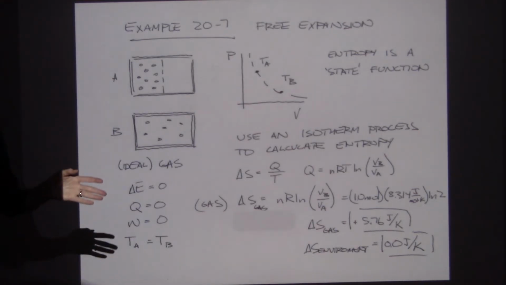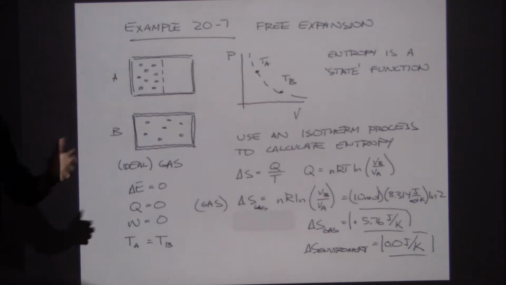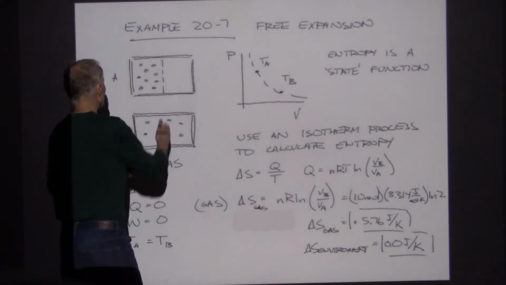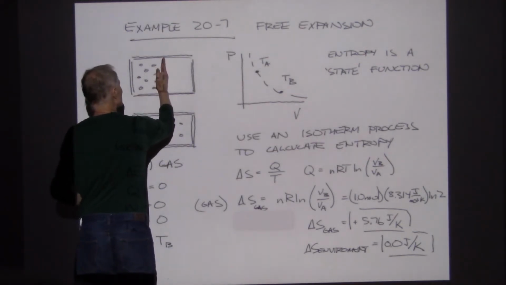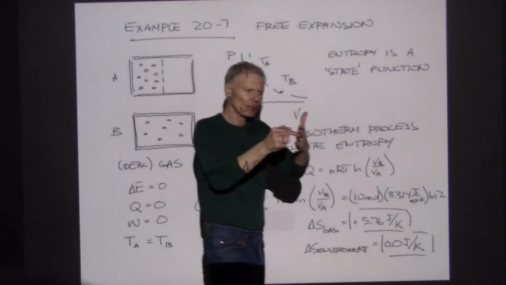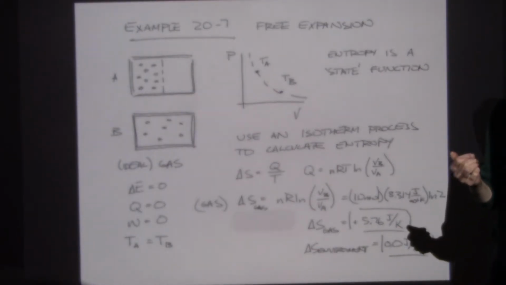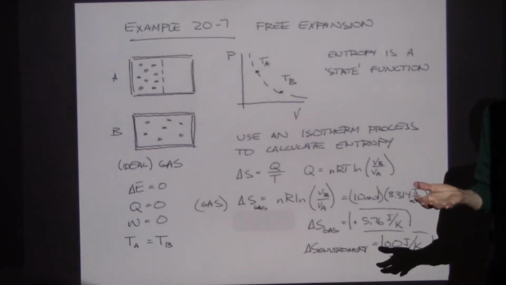That other side of the container is vacuum. It's been evacuated. And so if the gas molecules don't push against a piston, for example, if this were a piston, then as the piston moves outwards and the gas molecules hit a moving piston, they'll transfer some of the energy into the piston. But that's not what's happening here.